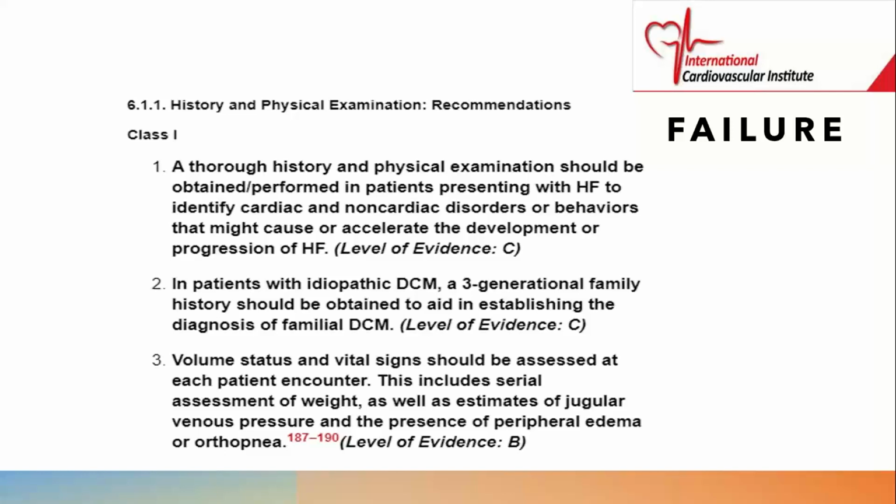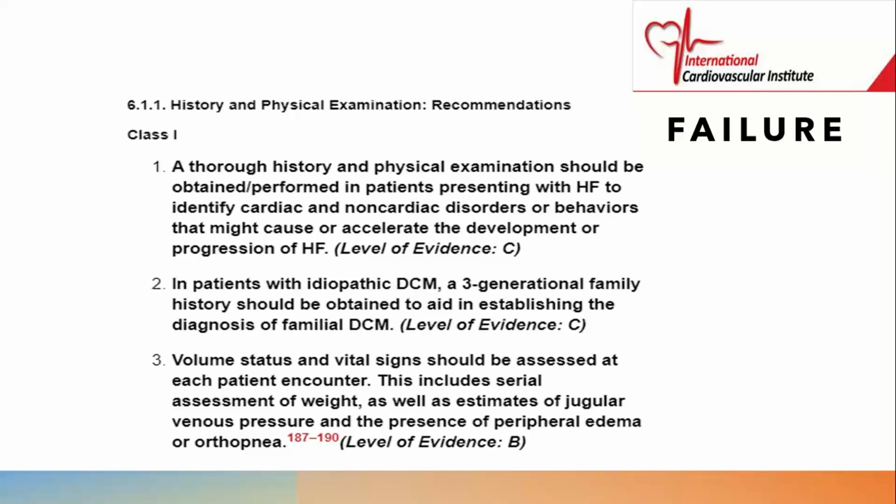The volume status and vital signs should be assessed at each patient encounter. So you have to go over a mini history when the patient comes back. And of course, in your assessment, you're going to do serial weight assessment, as well as look at the jugular venous pressure and look for signs of peripheral edema.